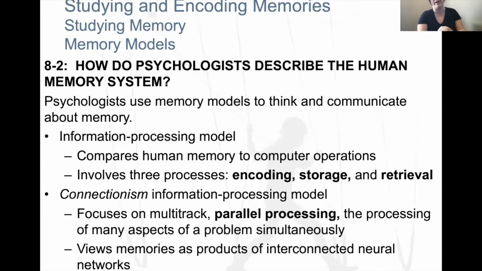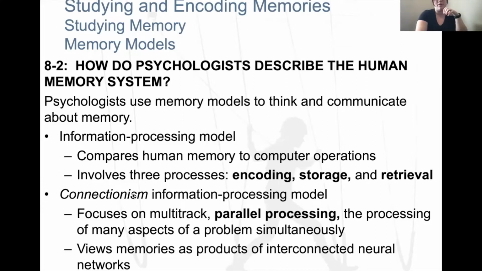Similar to a computer, encoding is like a keyboard, you're typing in your information, storage is your hard drive or your tower, and retrieval is like your computer screen, being able to click on a file and open it back up and see that information.